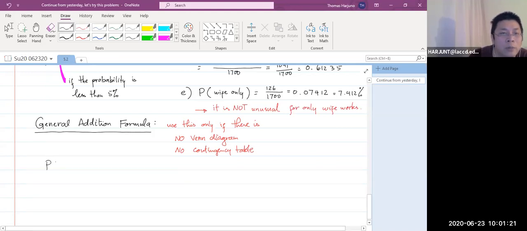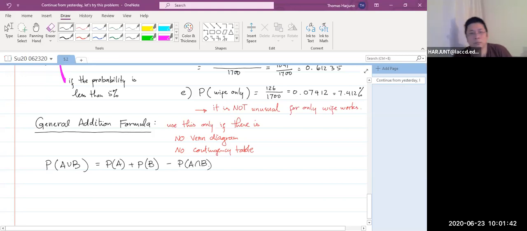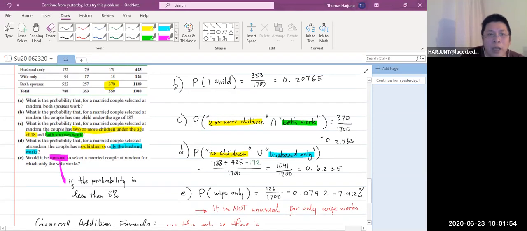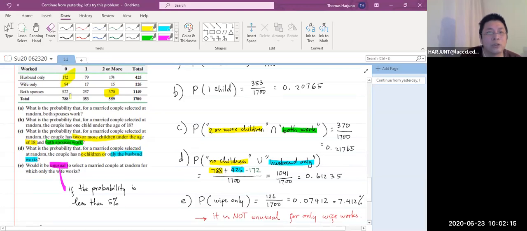What is the general addition formula? Probability of A union B is probability of A plus probability of B minus probability of A intersection B. If we look back at what we did above, you may remember question part D: probability of A, no children, or B, husband only, is probability of no children plus probability of husband only, minus probability of no children and husband only.